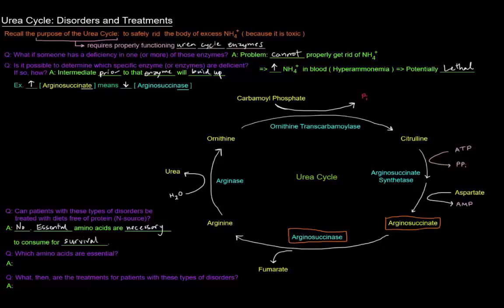The non-essential amino acids are amino acids that your body can synthesize. So essential amino acids are amino acids that you must consume in your diet because you do need all 20 amino acids in order to survive. But the essential ones, you can't actually make them yourself, so you have to eat them. So having a diet free of protein or free of nitrogen would be free of essential amino acids, which would be bad. That means survival is not possible.